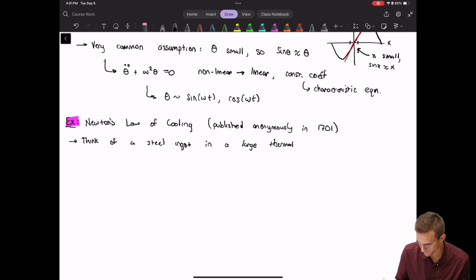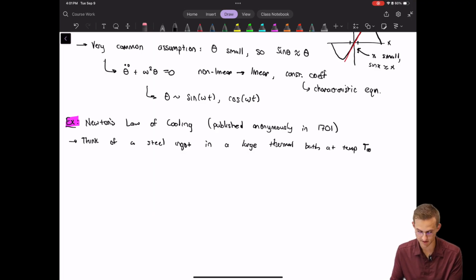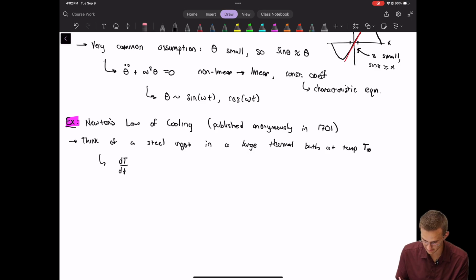That's the same thing as a steel ingot in the middle of a big empty room or a big tank of water, at temperature T infinity. That's the temperature of the thermal bath. We know from Newton's law of cooling that the time derivative of the temperature of the ingot is equal to minus k, which is thermal conductivity, times the temperature difference between the ingot and its surroundings.